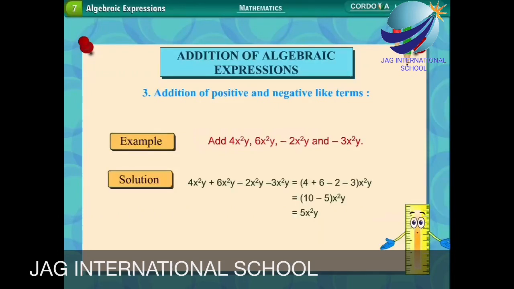Solution, 4x square y plus 6x square y minus 2x square y minus 3x square y is equal to (4 plus 6 minus 2 minus 3) x square y, which is equal to (10 minus 5) x square y, which is finally equal to 5x square y.